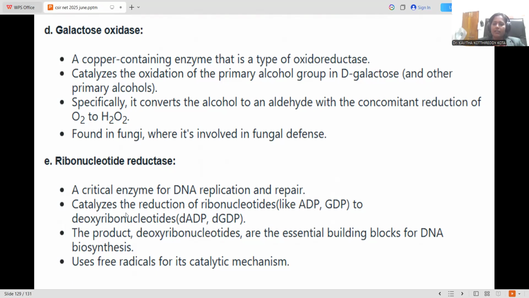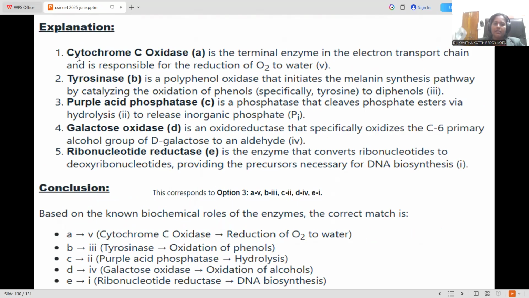This is the way all the enzymes have their distinctive applications in their biological functioning. That's the reason cytochrome C oxidase is the terminal enzyme in electron transport and is responsible for the reduction of oxygen into water. Tyrosinase is a polyphenol oxidase that initiates melanin synthesis, catalyzing oxidation of phenols, specifically tyrosine, and diphenols are generated.